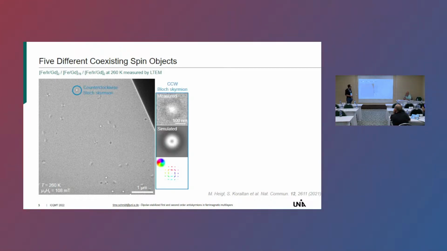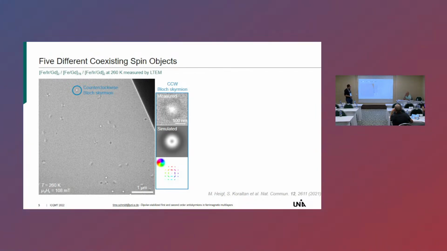So at the top, you always see the picture of the real thing, and on the bottom, here is the spin structure we would expect from such a spin object, and in the middle is a simulated Lorentz TEM contrast, which is basically just a really easy Python program that calculates how an electron beam, if it would propagate into that texture, would be deflected.